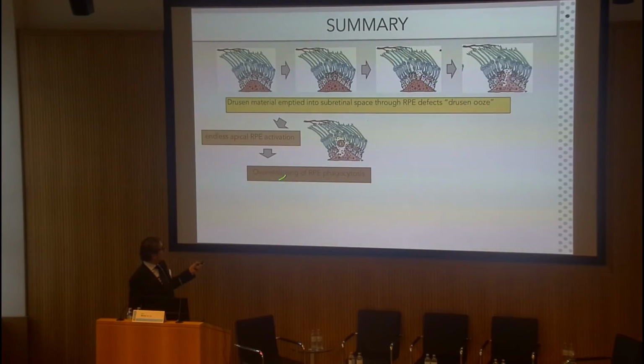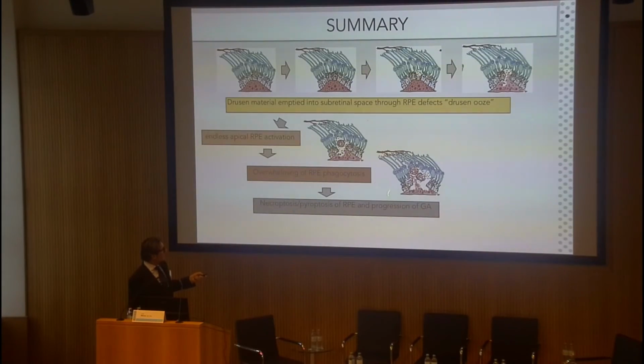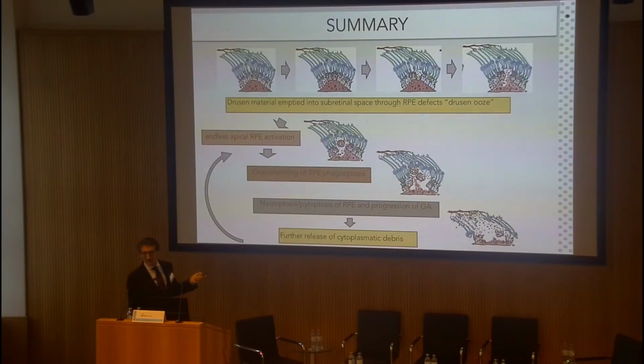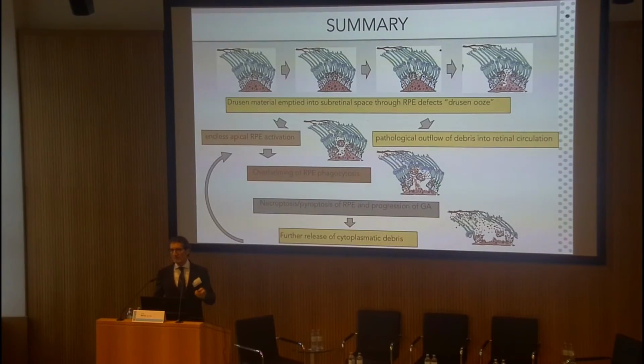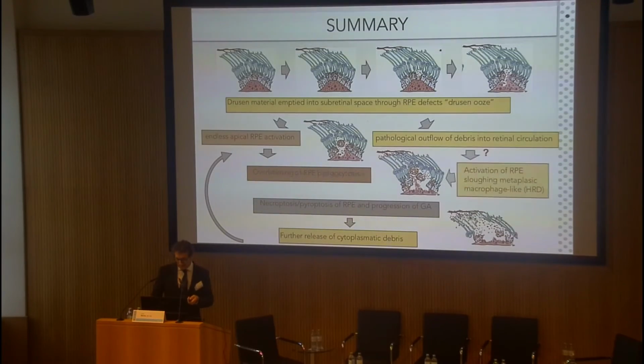At some point, this overwhelms capacity, so the cell dies, and this cell death empties its cytoplasmic content into the media, and it's more junk and activates a neighboring cell, making a vicious cycle, cell-to-cell progression. And this might be what also triggers this RPE to become metaplastic and activated, what Christine Kurshu proved.